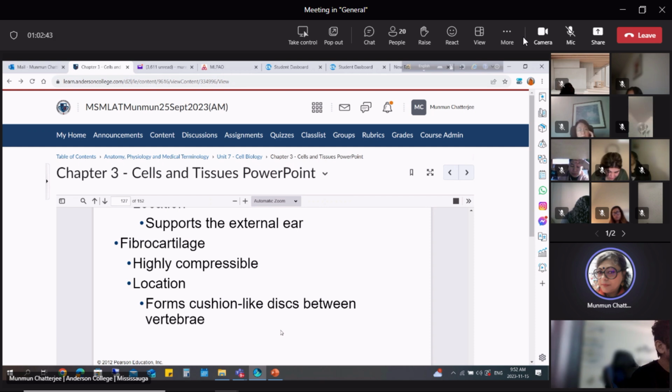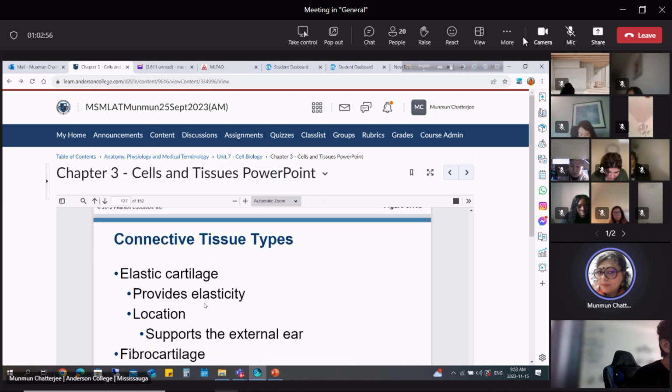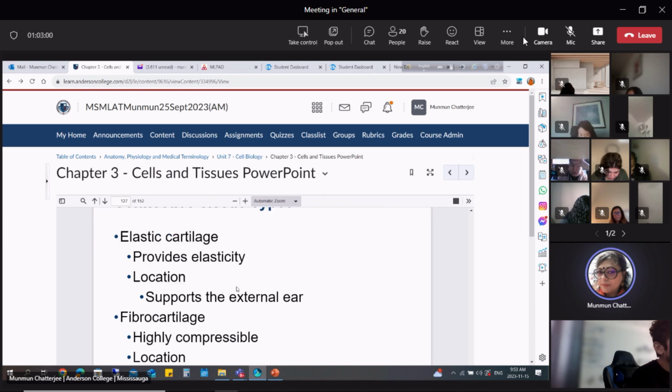So it has that elasticity but is firm. So fibrocartilage you can see in between the vertebrae, and elastic cartilage can be found in the external ear.